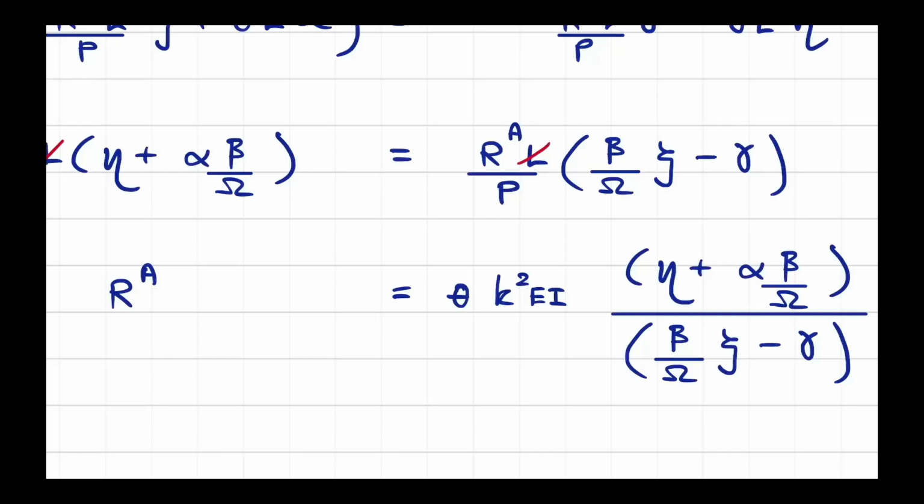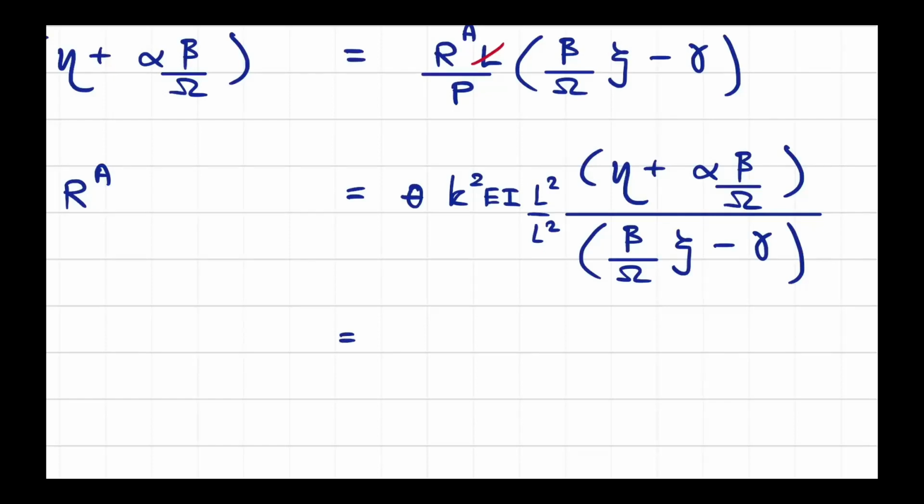So it is K squared EI. When I see the K, I try to push the K inside with the dimensionless term. To make it dimensionless, I multiply by L squared over L squared.